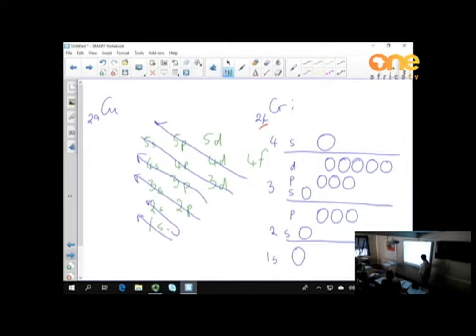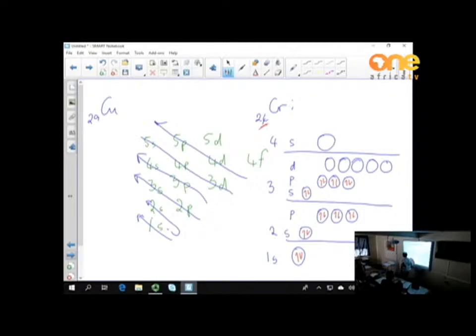So we go 24. 1, 2, 3, 4, 5, 6, 7, 8, 9, 10, 11, 12, 13, 14, 15, 16, 17, 18. Now, 19, 20, 21, 22, 23, 24. They are each going to take 1, if I remember correctly.